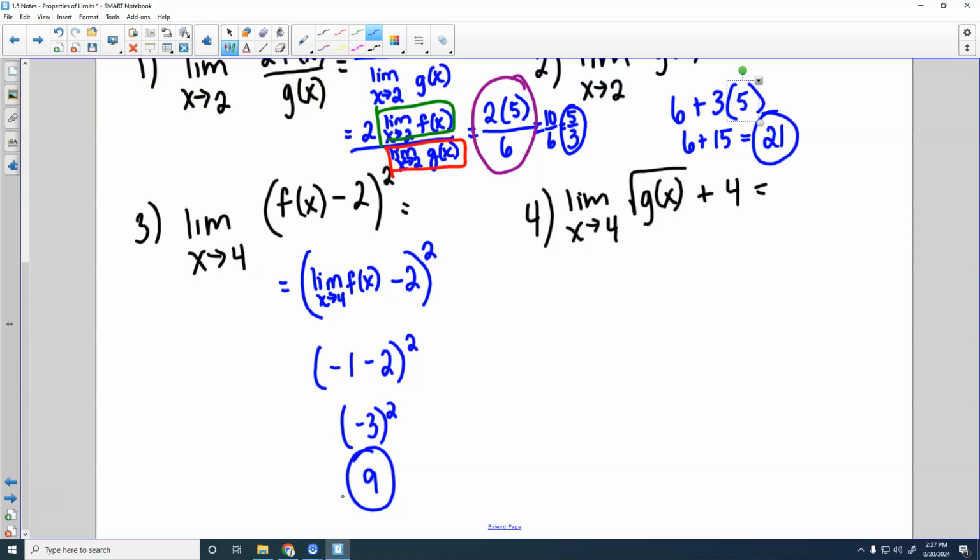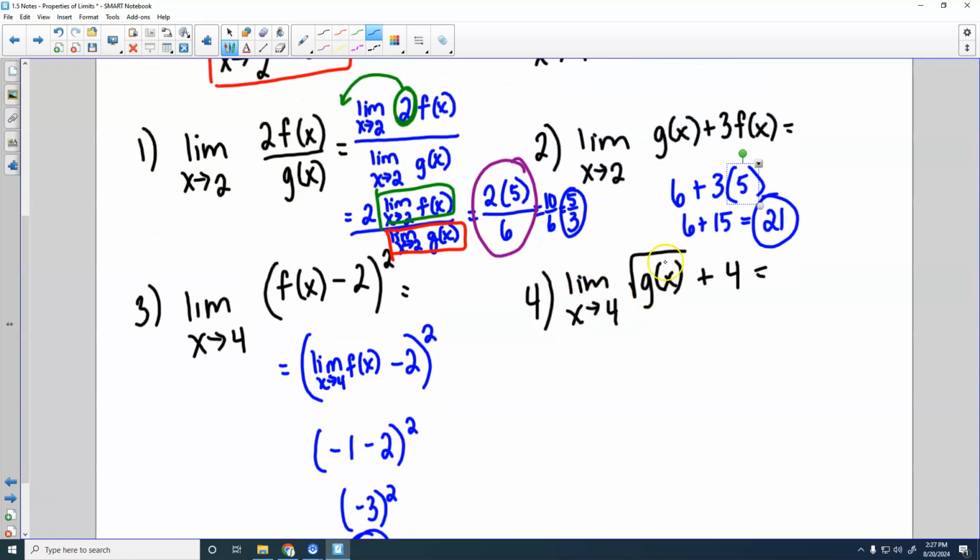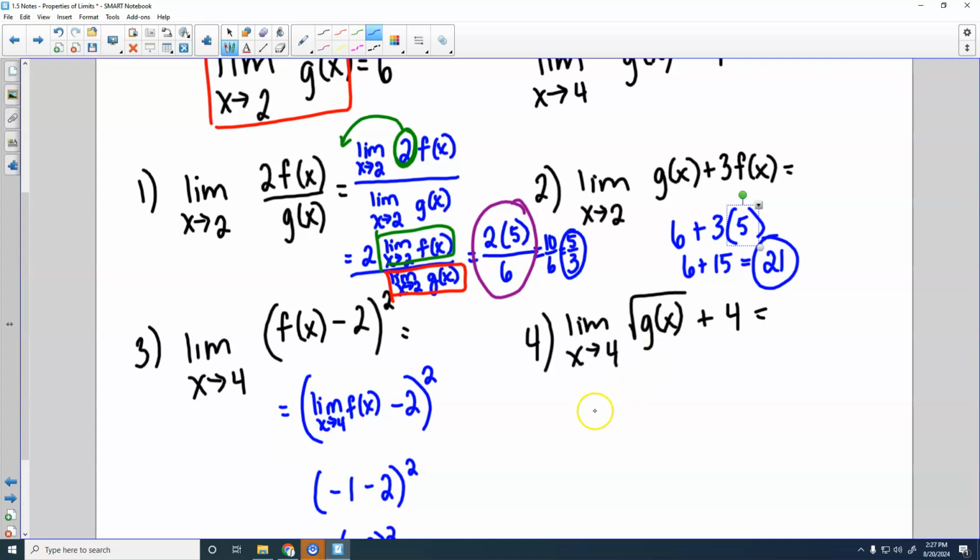And for 4, I've got square root of g of x plus 4 that I'm taking the limit of as x approaches 4. So it's going to be the square root of the limit as x approaches 4 of g of x. You could skip writing this if you really wanted to, plus 4. I hesitated there on the last problem.